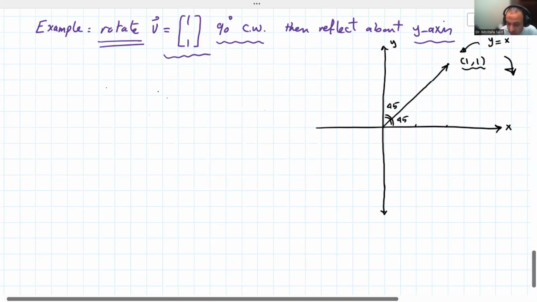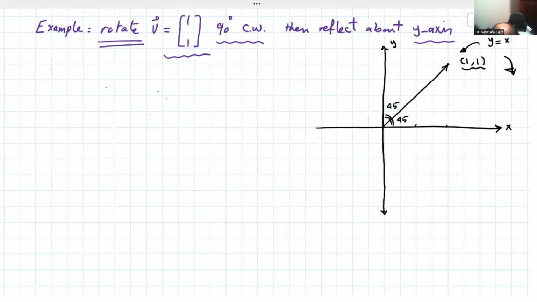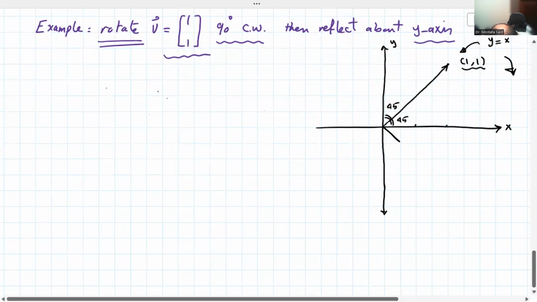It's already making 45 degrees with the x-axis, so it's gonna make another 45 degrees, like that, and that will be the new location. If this is 1 here, this should be -1. So (1, -1) is the new point.